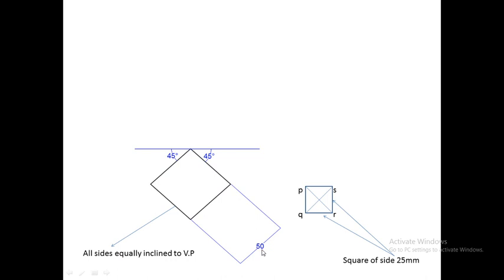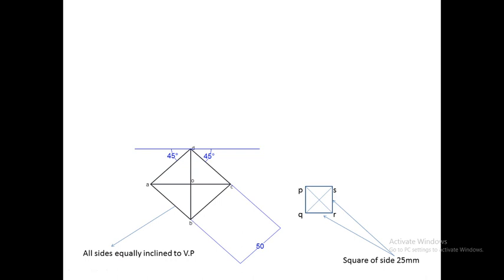Now we will mark the center as well as the corners of the square. So center O and corners A, B, C and D. Now students, in this problem, line O to A, O to D, O to C and O to B will be called as the slant edges of the pyramid.